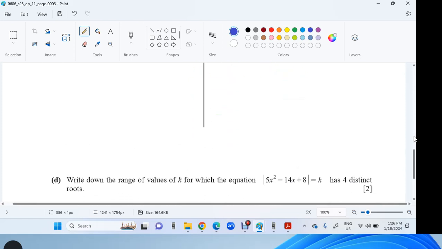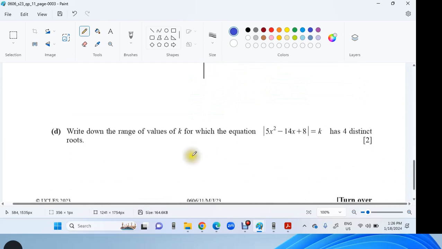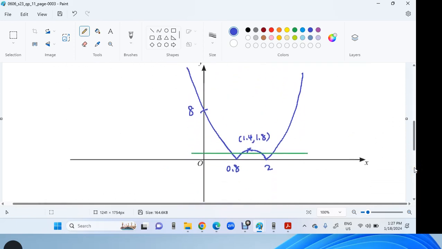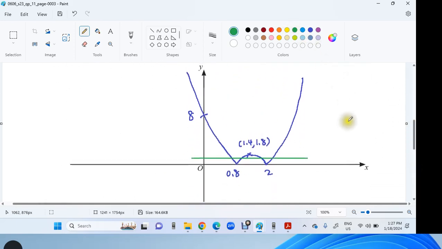Equal to k, so the k is between 0 and 1.8, not including the 0. So we know that for k between 0 and 1.8, we have 4 roots: 1, 2, 3, 4.